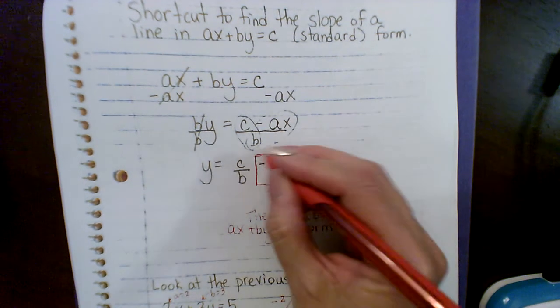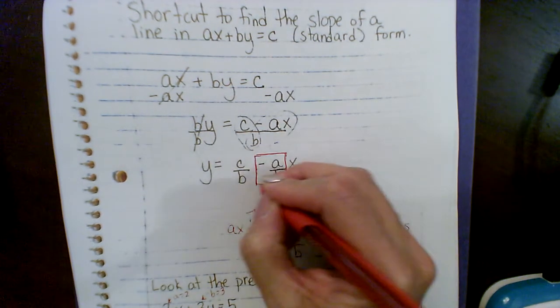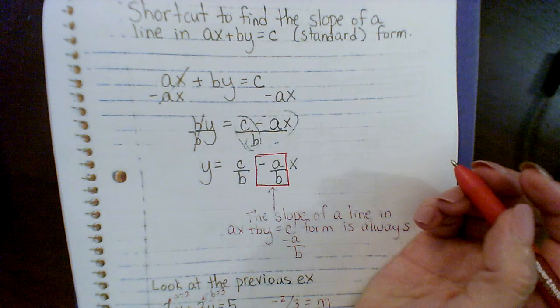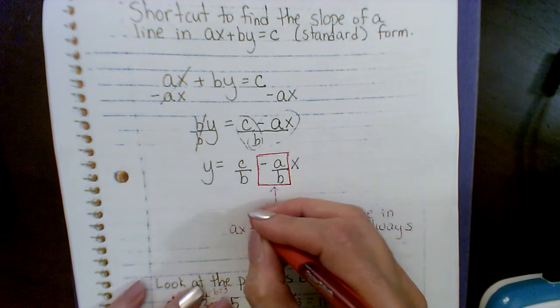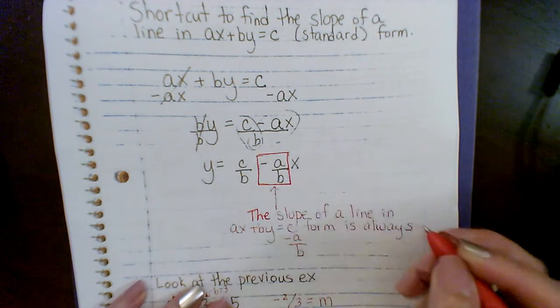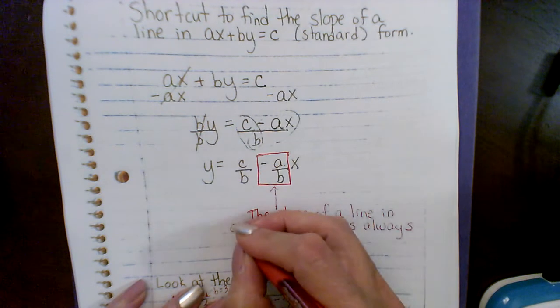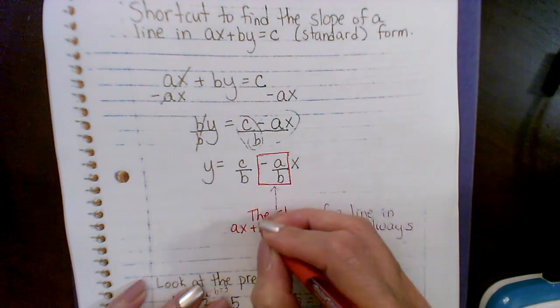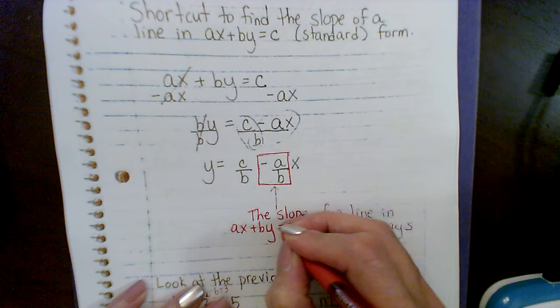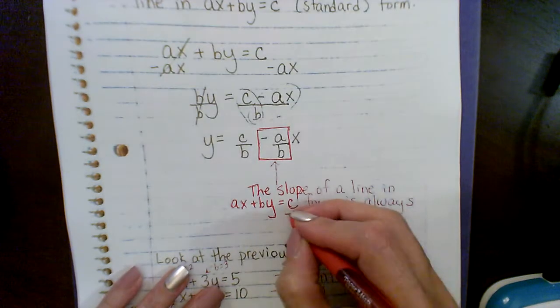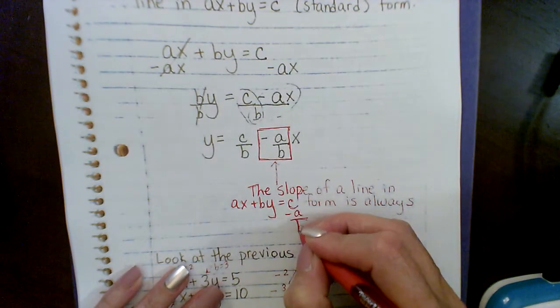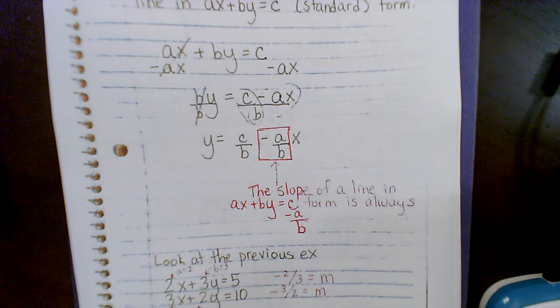We get this formula of negative a over b, a formula we can use to always find the slope of a line in standard form. Right? And that standard form being ax plus by equals c, the slope is negative a over b.